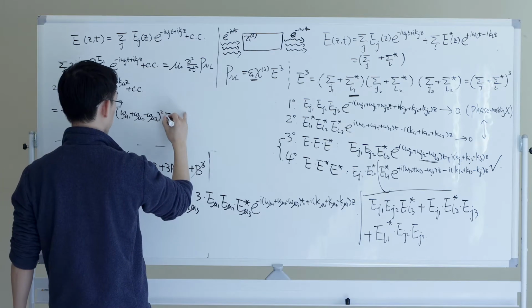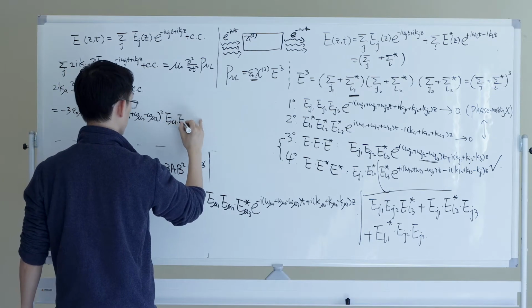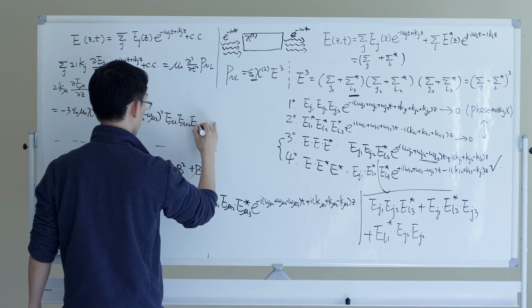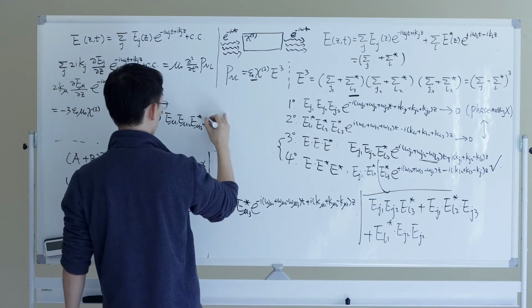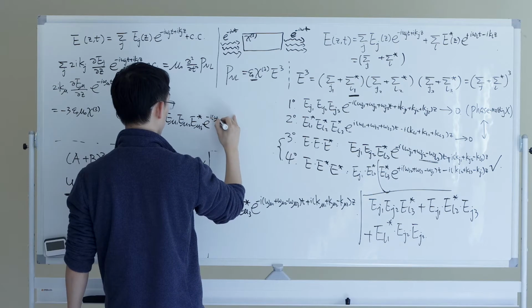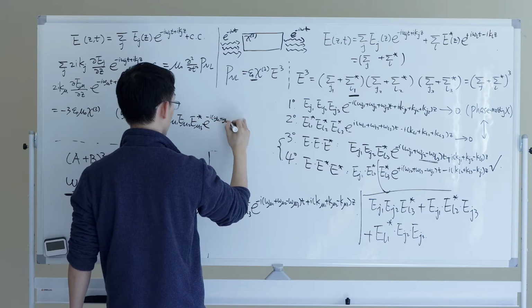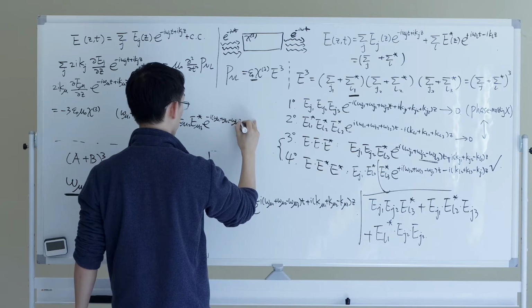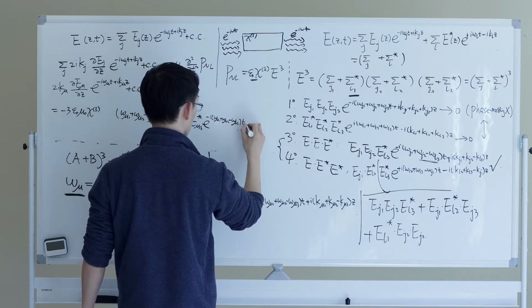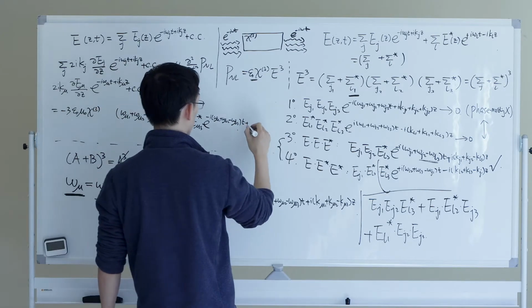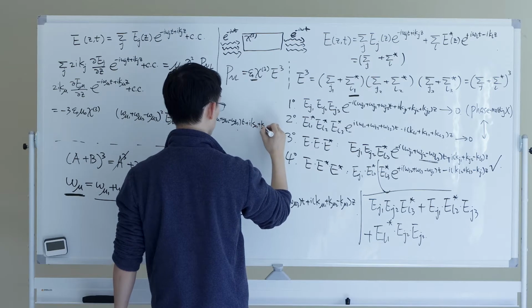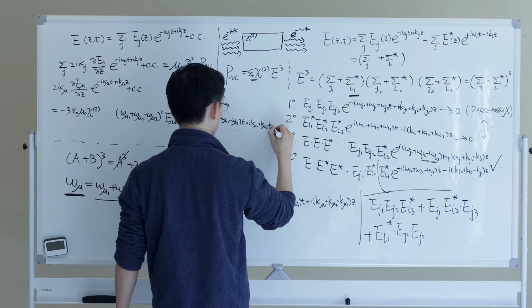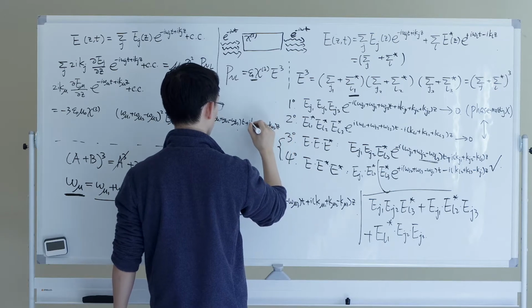And then you have E mu1, E mu2, E mu3 conjugate, exponential minus i omega mu1 plus omega mu2 minus omega mu3 t, and then the phase term i k mu1 plus k mu2 minus k mu3 z.